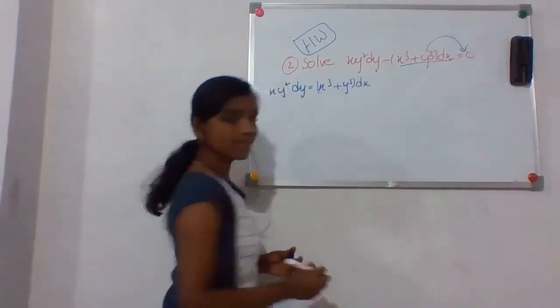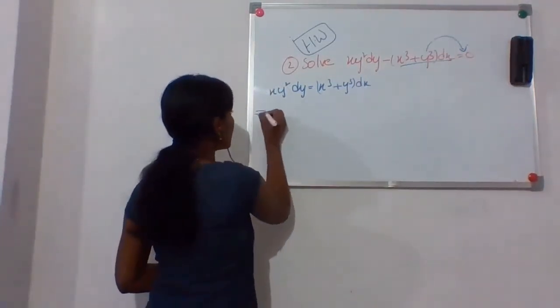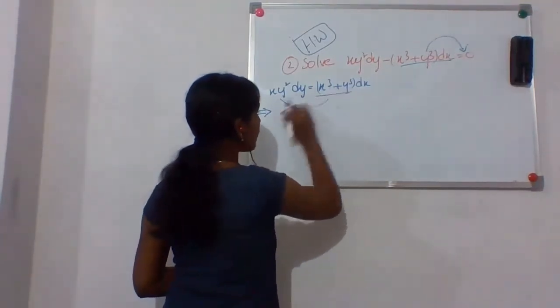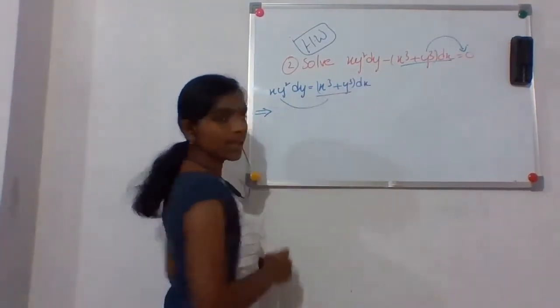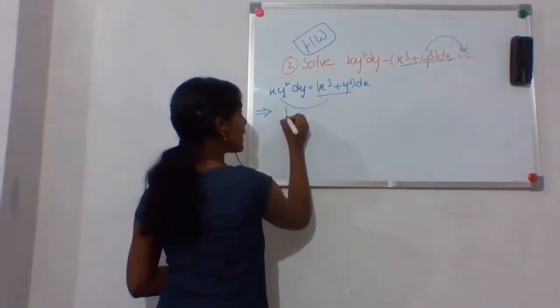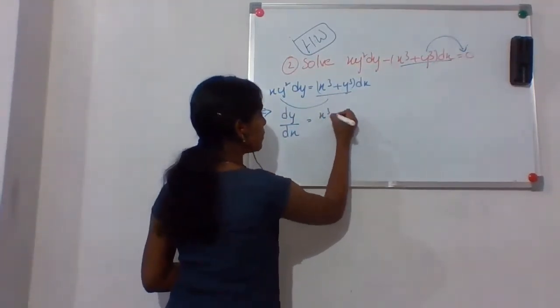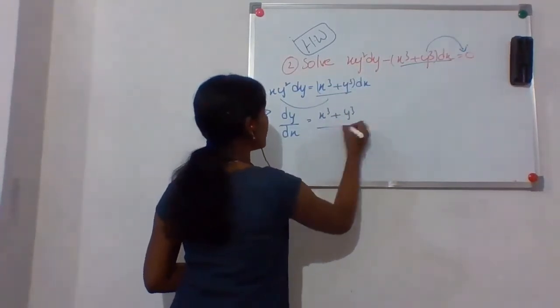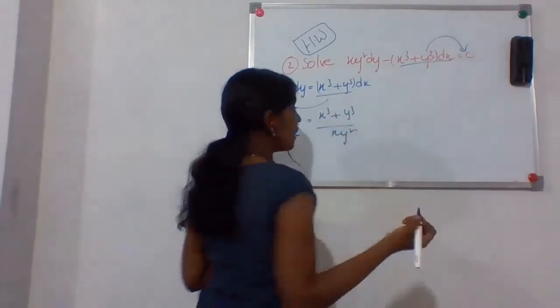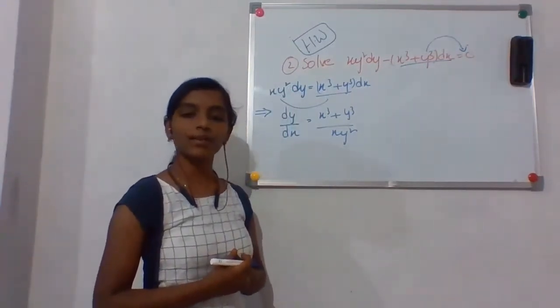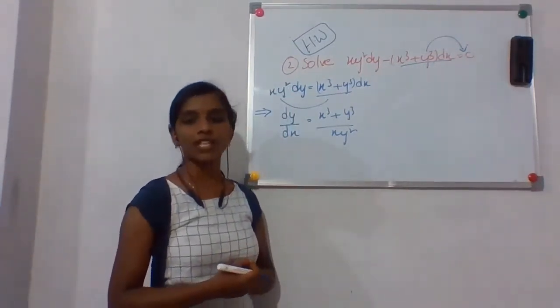Am I right? And now further, if I bring this dx to this side, then what will it become? dy by dx is equals to (x cube plus y cube) by xy square. Now I think this is in the required format, that is dy by dx equals to f of x comma y by g of x comma y.